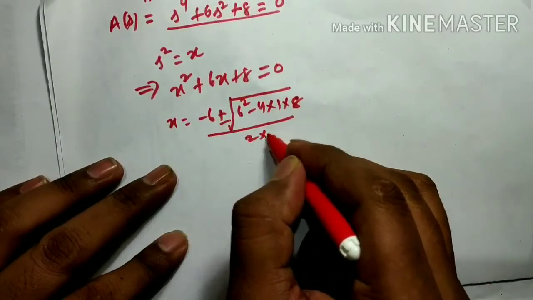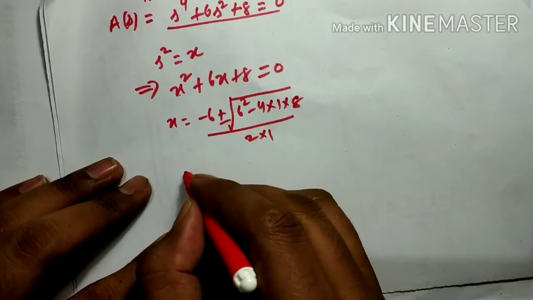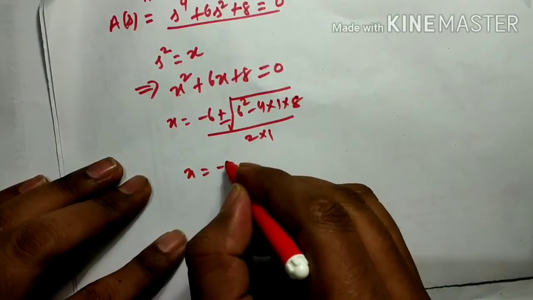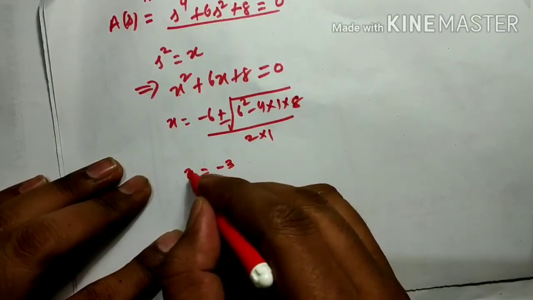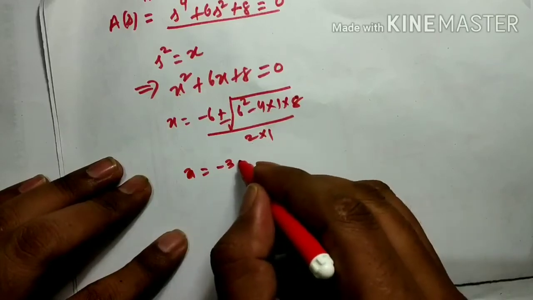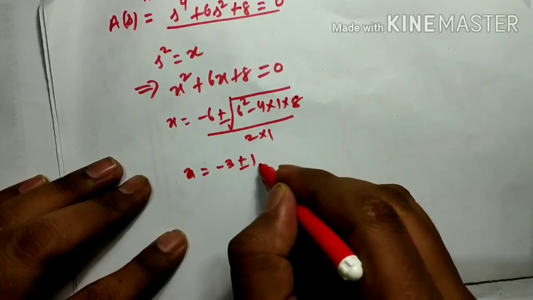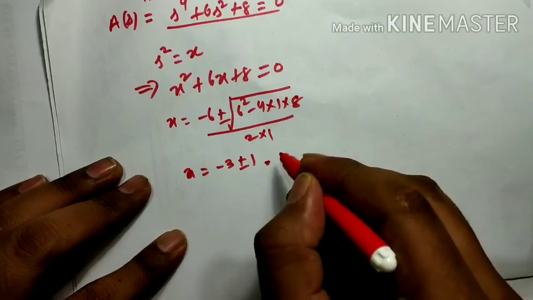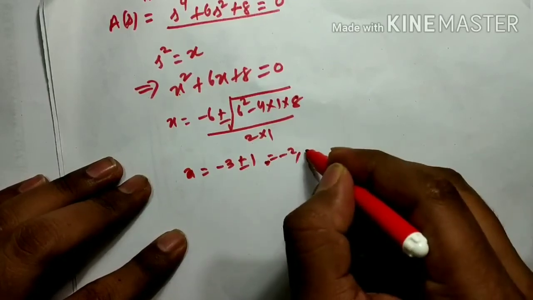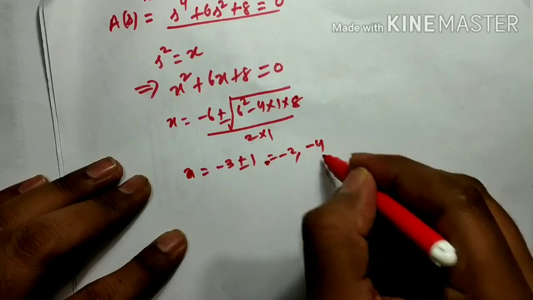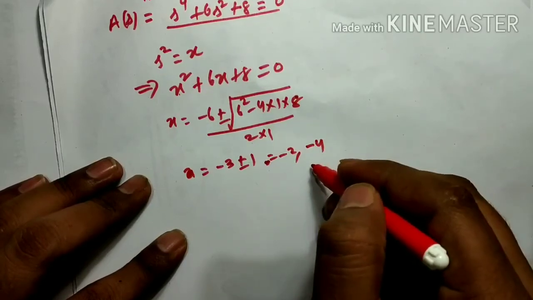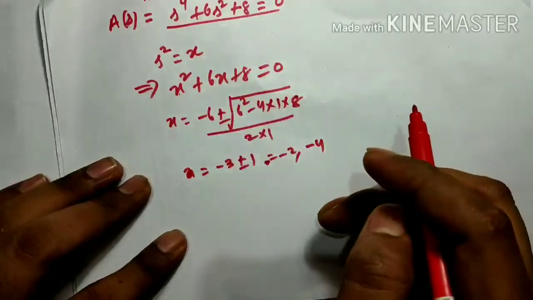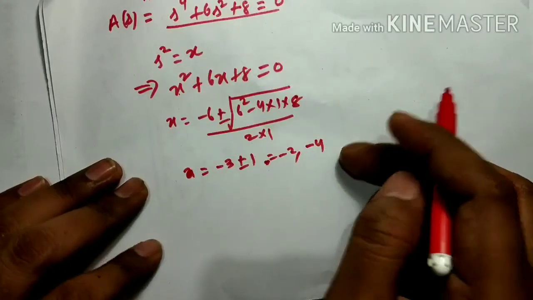Then you get x is equal to minus 3 plus or minus 1. So the roots you got are minus 2 and minus 4.